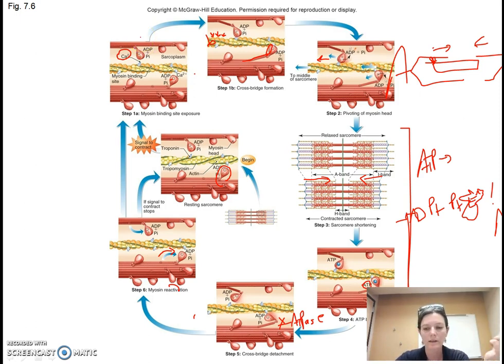So as long as calcium and ATP are present, the myosin head will reach up and attach, it will pivot, ATP binds to break it off, ATP gets broken down to recock the head, it grabs again, it pivots, ATP breaks it off, ATP is then used to recock the head, and the whole cycle continues over and over and over again. And that's how the muscle contraction actually occurs.